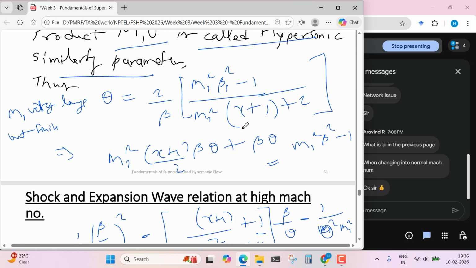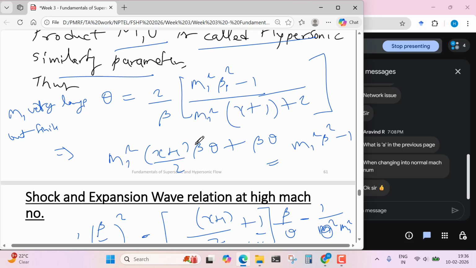Now, if this M1 is not infinity, then we cannot ignore this minus 1 and 2, because the product of M1 and beta can still be not very large compared to 1 and 2. So we'll keep it here. Now take the cross multiplication.